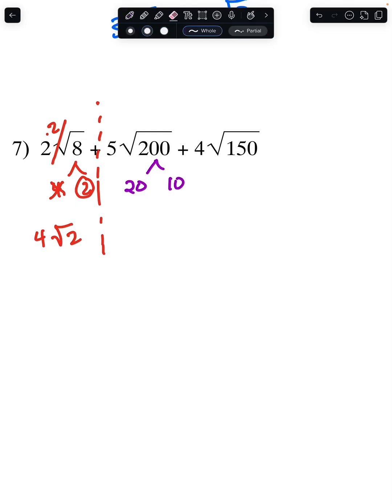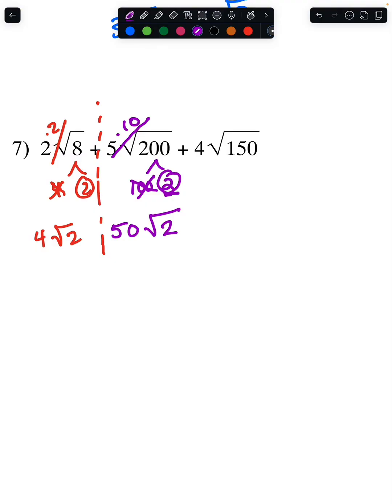So I'm not going to use 20 and 10. I am going to use 2 and 100. 2 is prime. Square root of 100 is 10. So this is equal to 50 because 5 times 10. And then under the square root stays square root of 2.